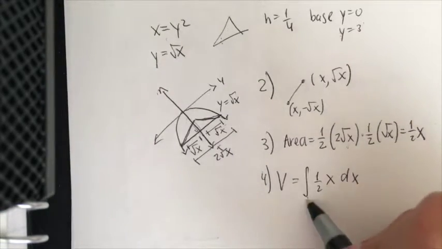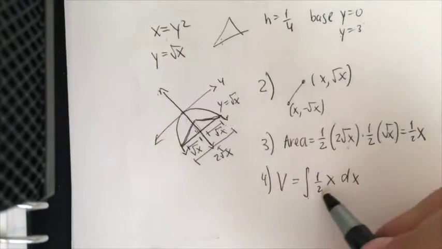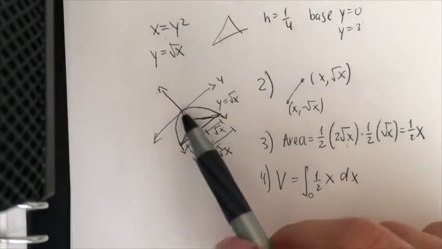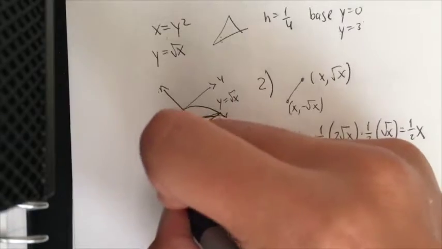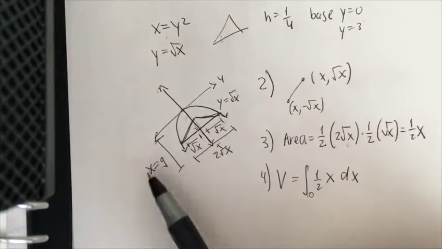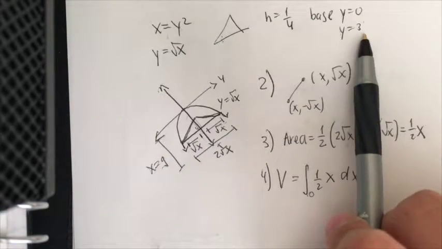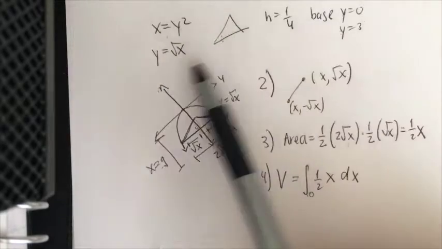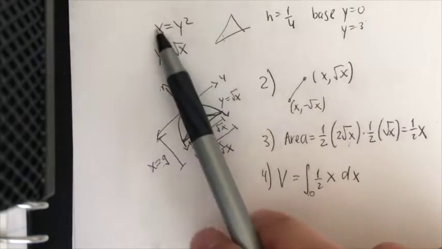So a to b, of course we start at 0, so we will start our integral at 0, and the height of our whole segment is x equals 9. X equals 9 because we're given from y equals 0 to y equals 3, but because we transformed it in terms of x, we plug in 3 times 3 is 9.